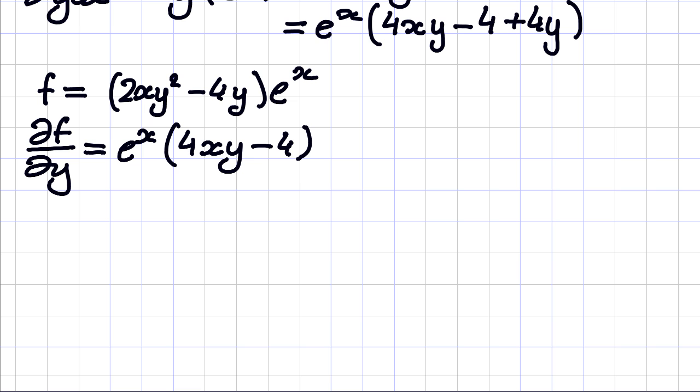Take the partial derivative of that with respect to y to get a second partial derivative, d2f dy squared. So again, treat e to the x as a constant, differentiate the term in brackets with respect to y, and that just gets me 4x.